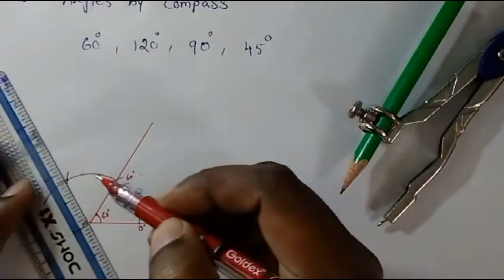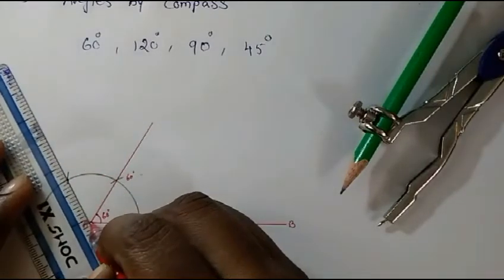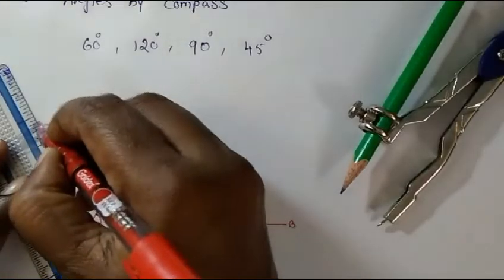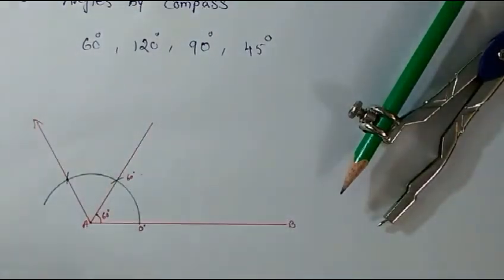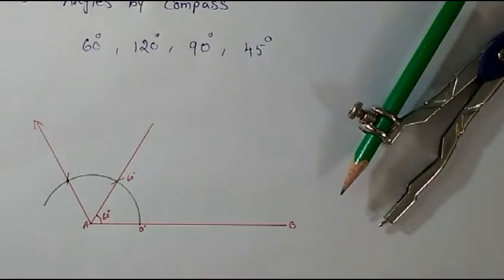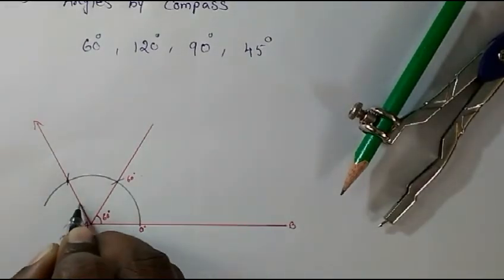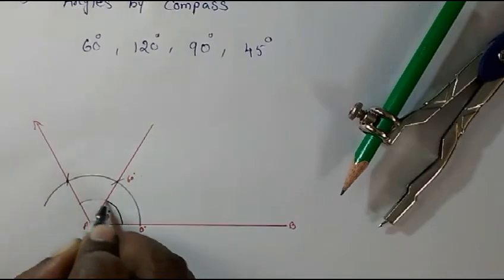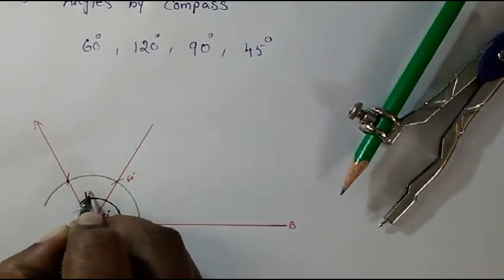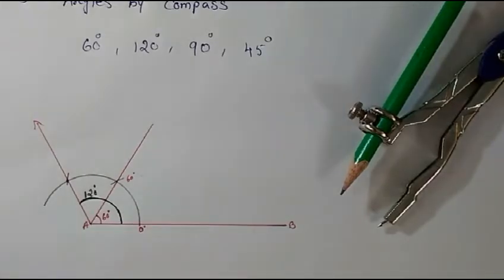So this point, if you join with point A, that is from 0 up to here, the whole angle that is formed will be 120.